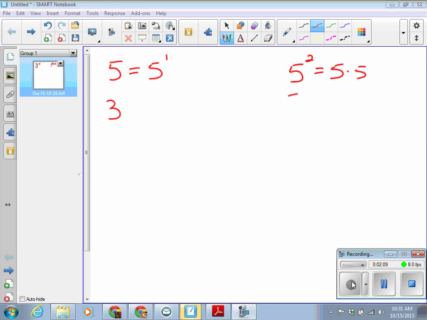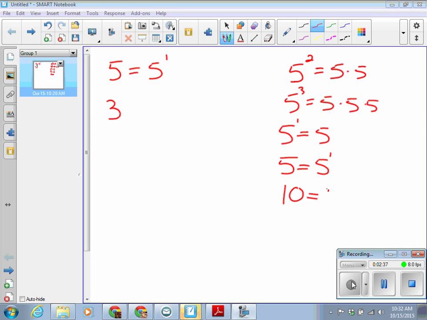If I look at 5 cubed, expanded, it's 5 times 5 times 5. So that means 5 to the first power would just equal 5. If I write that other way, 5 always equals 5 to the first power. And that stands true for any number.